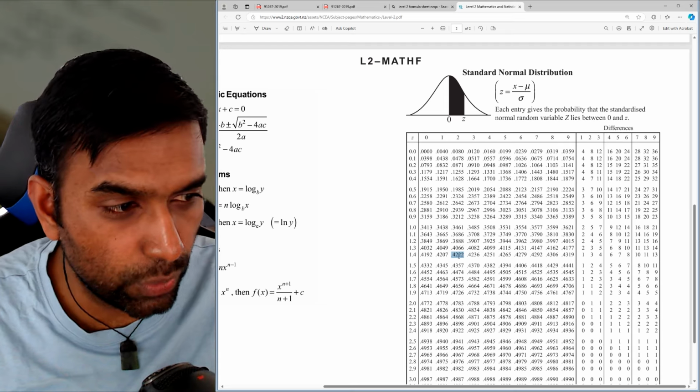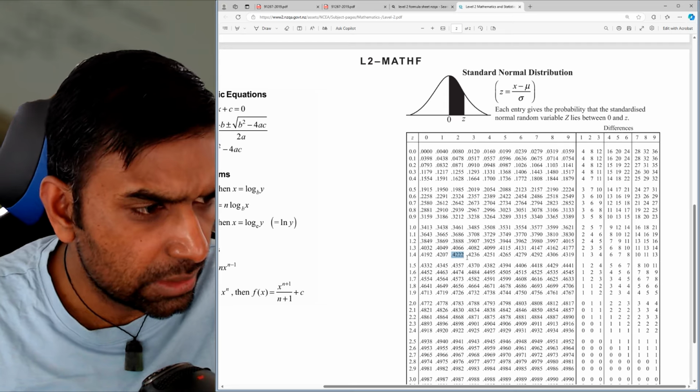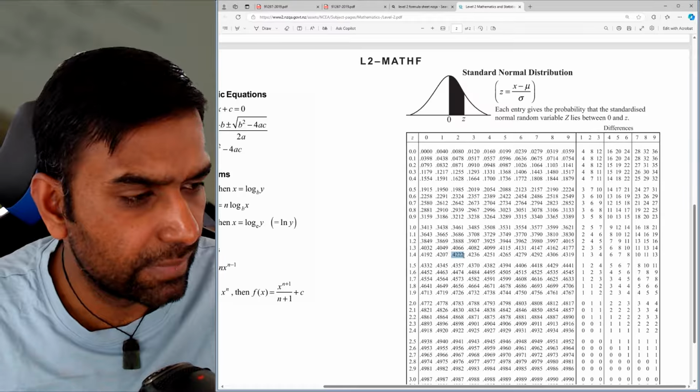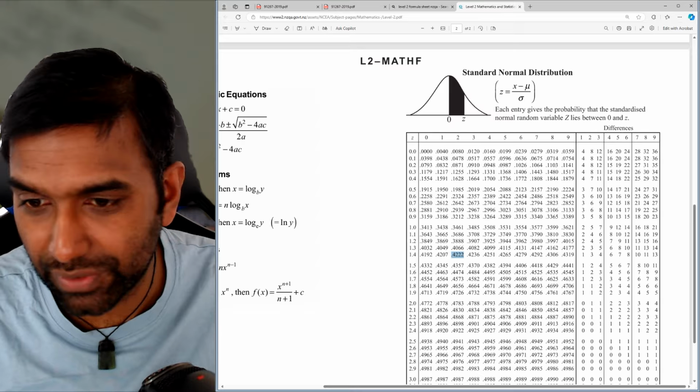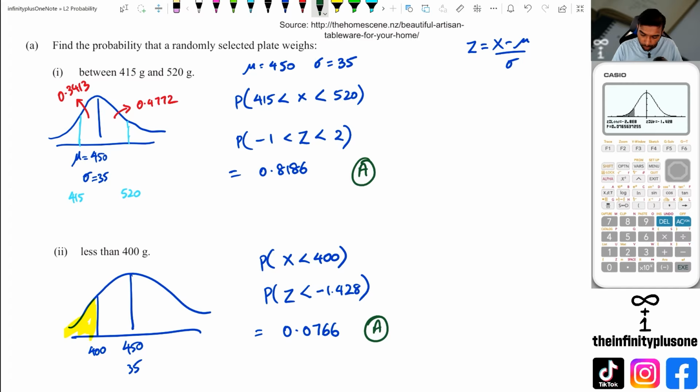So you're going to get 0.4235. And then you got to go 1 minus 0.4235 because the 0.4235 is this part here. And then you would go 0.5 minus 0.4235 to get the 0.0766. Cool. Let's go to the next question.